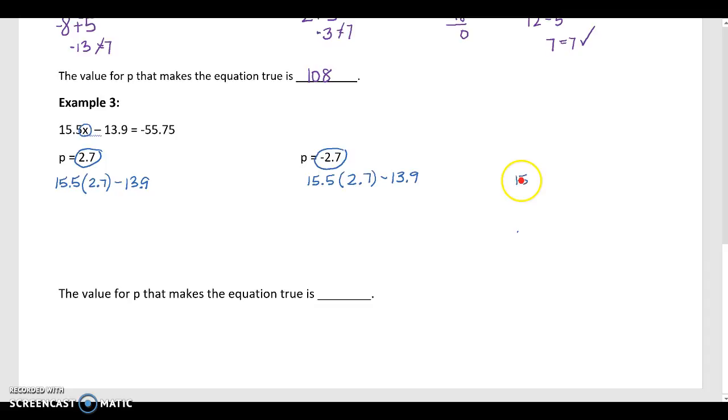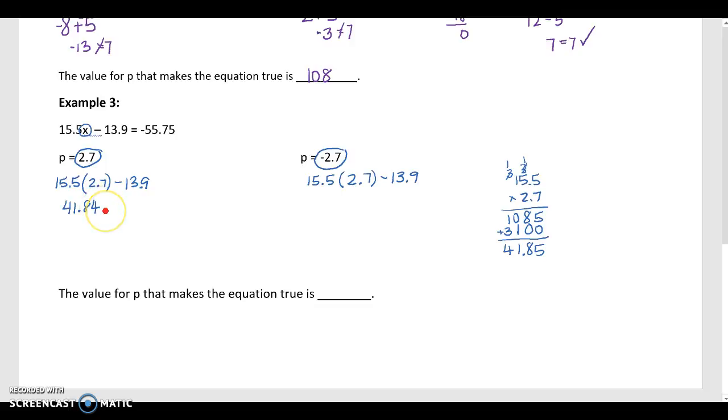I need 15.5 times 2.7. 5 times 7 is 35. 35. 6 times 7, 38. 7, 10, 0. 2 times 5 is 10. 10, 11. 2, 3. 5, 8, 1, 4. 2 numbers to the right of the decimal. So 4184.